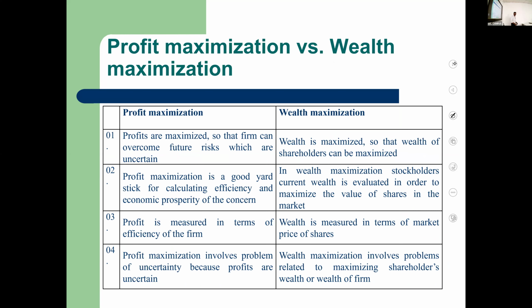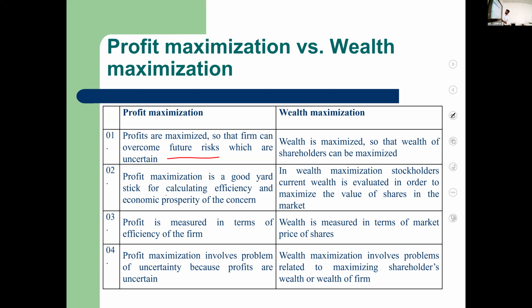Okay, here is the difference between profit maximization and wealth maximization. Profit maximization means you can overcome the future risks and uncertainties. Wealth maximization means your shareholders' wealth is maximized, right?